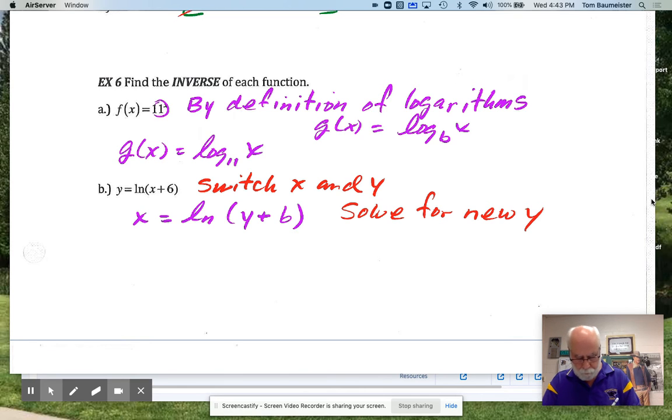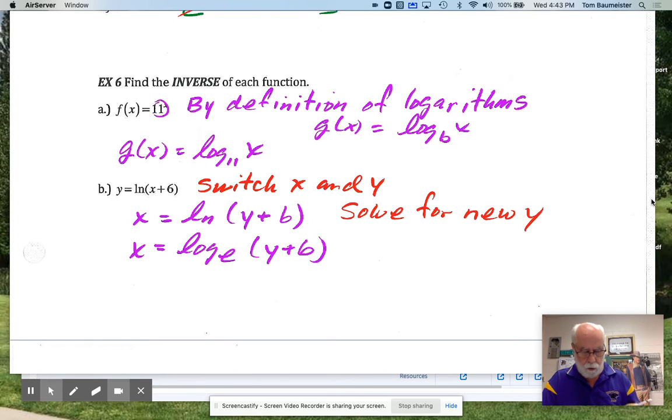On this one, the way we're going to have to do that is we're going to have to take x, and remember our natural log is our log to the base e of y plus 6.